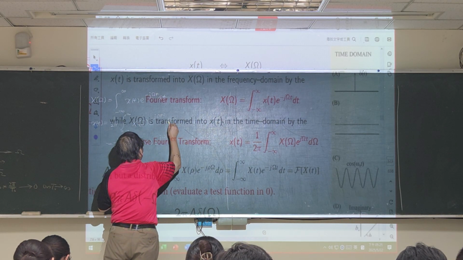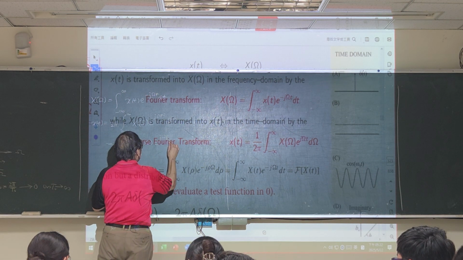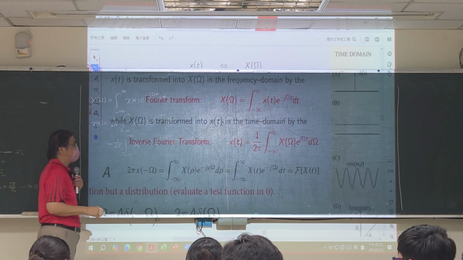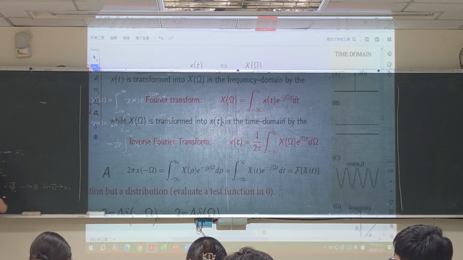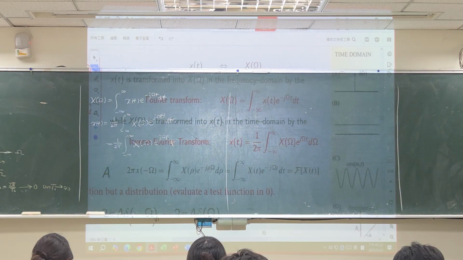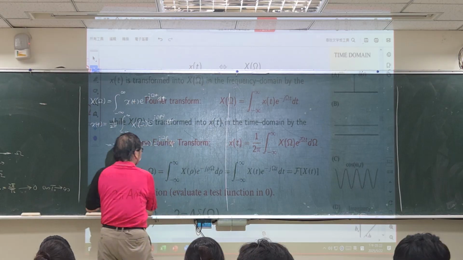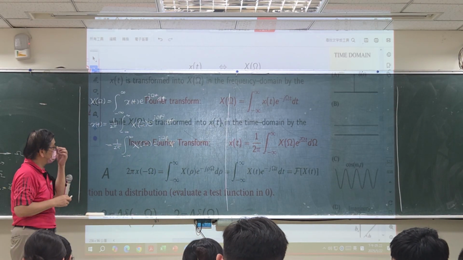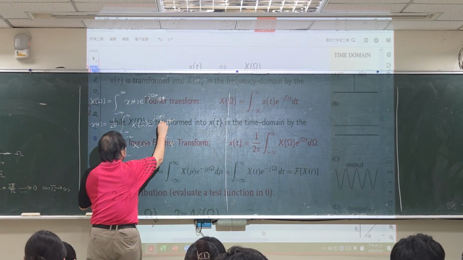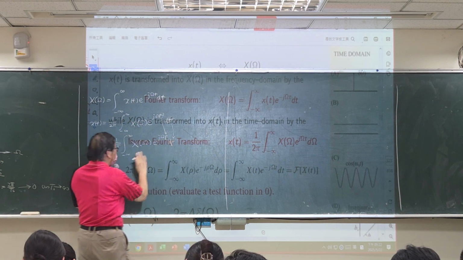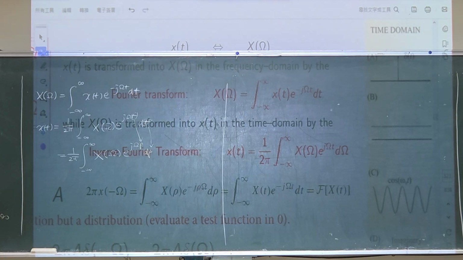Okay, this can be any dummy variable. So if I call this rho, then I just make the integrand in rho. The result is still the same. You see that? The result is still the same. I can change the name, whatever I want.